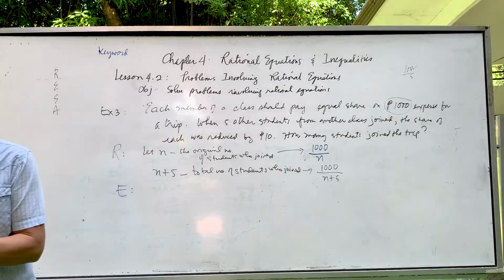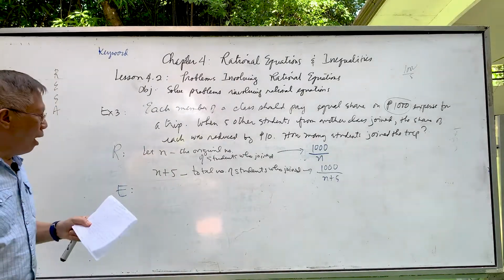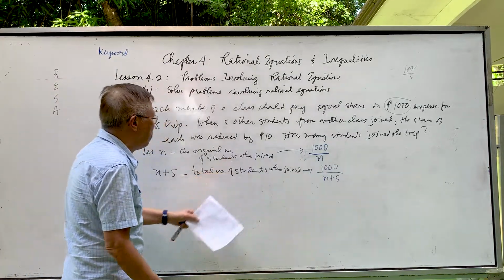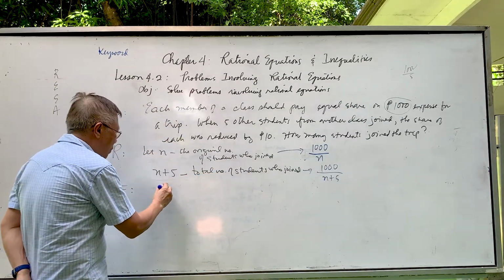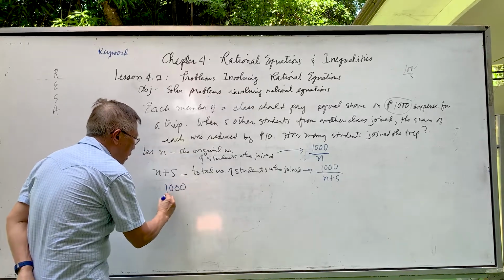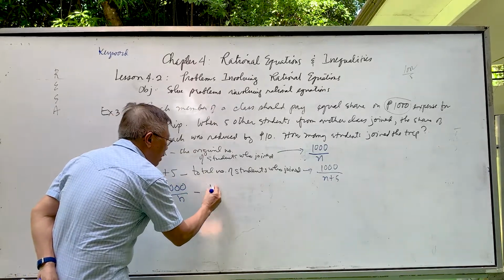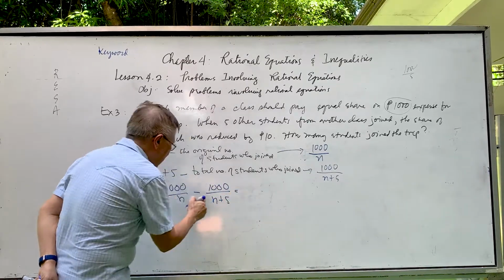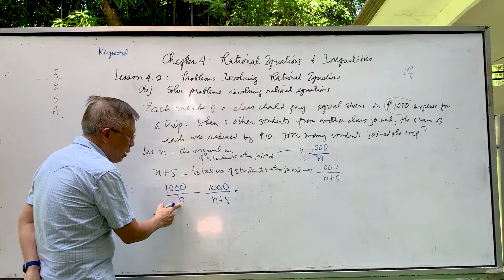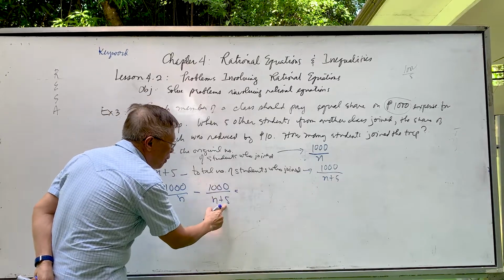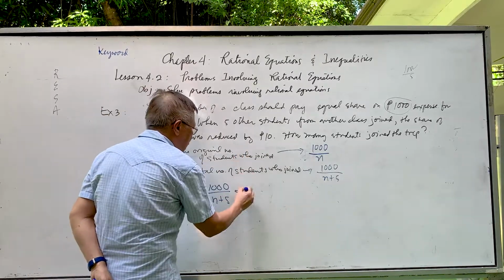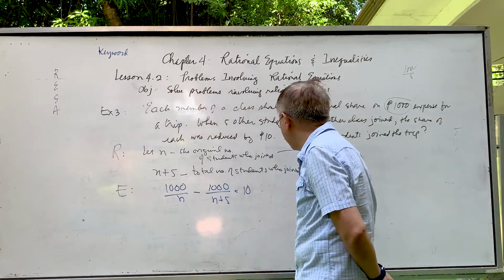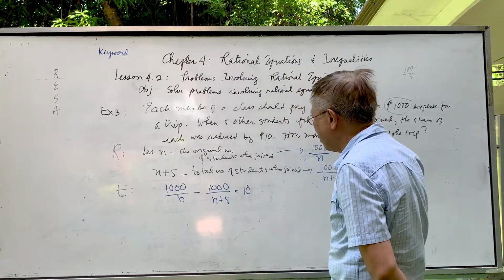So, our equation now will be, there is a difference of 10 pesos from this original here and this new fraction here, the price when there are only n students minus the price when there will be n plus 5 students, the difference is 10. So this is now going to be the rational equation that we will be solving.